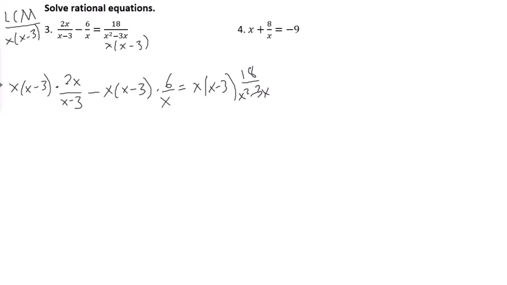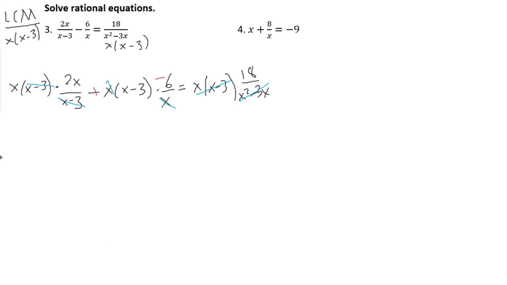So we quickly know that everything in this right term cancels out because it was our LCM. We're going to cancel out this x, and we're going to cancel out this x minus 3. As I've mentioned in previous videos, I like to take my subtraction problems and make them addition problems, so I'm going to move that -6 up.